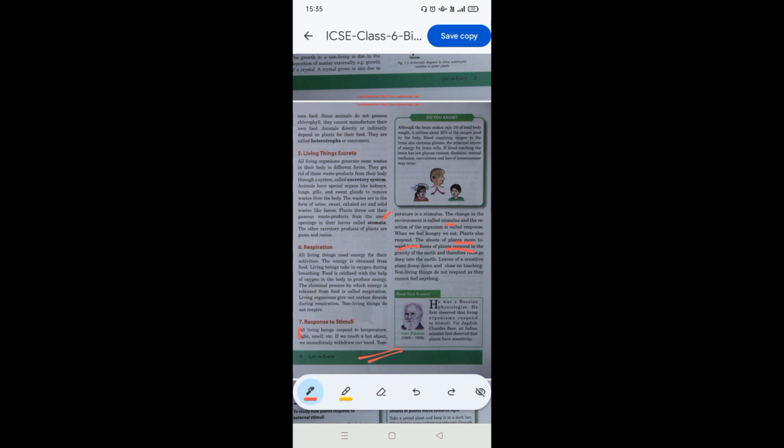Leaves of a sensitive plant like touch me not droop down and close on touching. Non living things do not respond as they cannot feel anything. So that was the answer for responsiveness with the example. The second question in answer in detail is, what do you mean by growth?